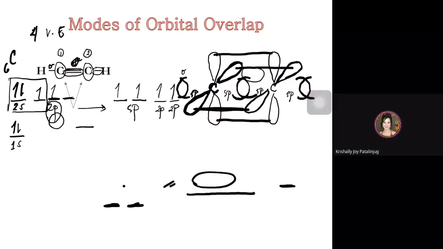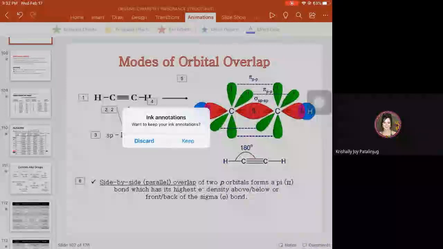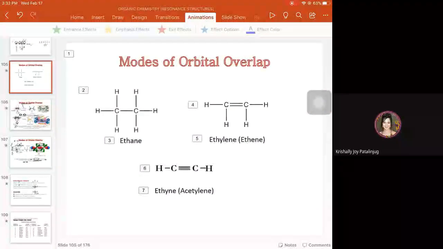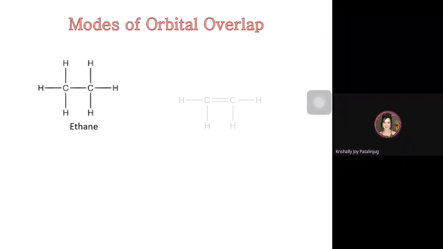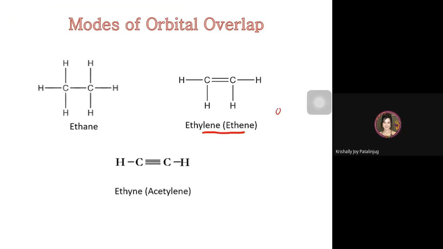Now, kapag tinanong kayo ilan yung sigma bonds in the molecule of ethylene?